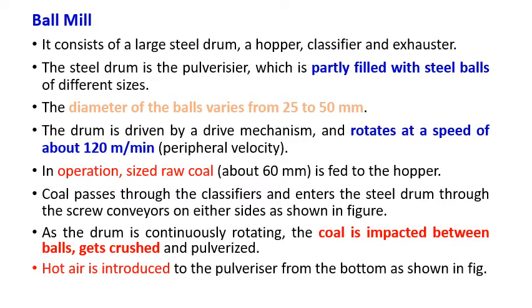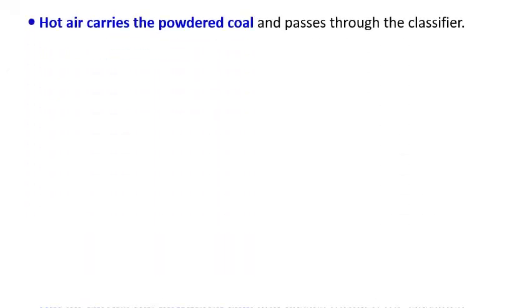Hot air is supplied to the pulverizer, and along with the hot air the coal passes. By providing hot air, the combustion in the furnace becomes very effective because the coal is preheated, and it plays a very important role.